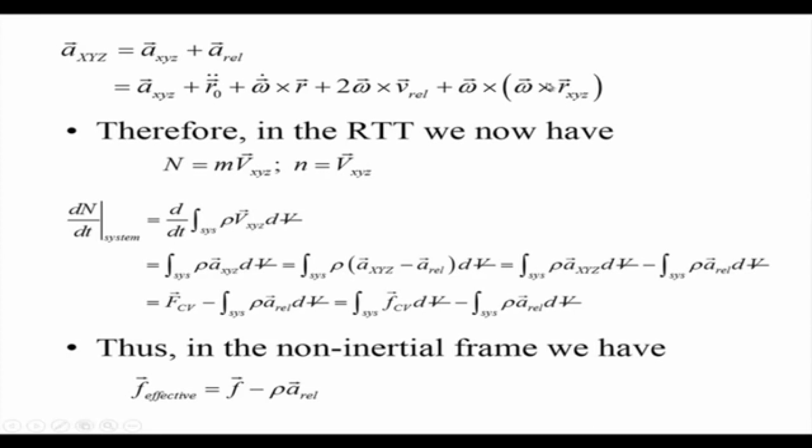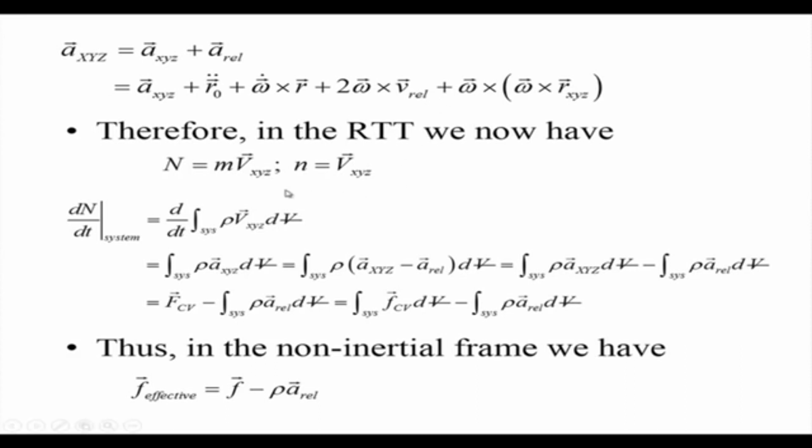Now these terms will give rise to some extra terms in the Navier-Stokes equation. So how do we do that? We will recall the Reynolds transport theorem which we applied for momentum conservation, from which the Navier-Stokes equation was derived. In fact, the Navier equation was first derived and then the corresponding constitutive behavior was imposed.